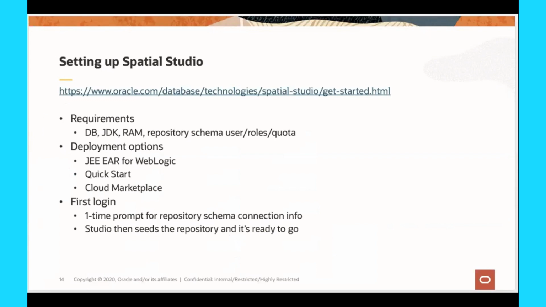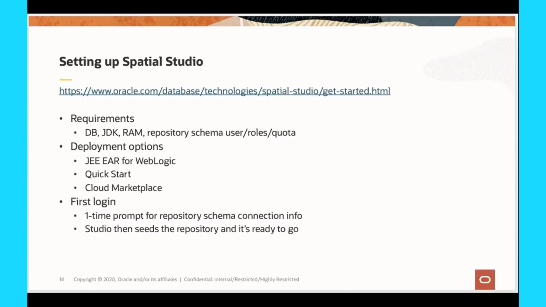And so right at the top here I have a Get Started link that talks about just that. What are the options for accessing and deploying Spatial Studio in general? Setting up Spatial Studio involves understanding the environment and technical requirements. Spatial Studio requires a database to store its metadata and to hold the spatial data to analyze.